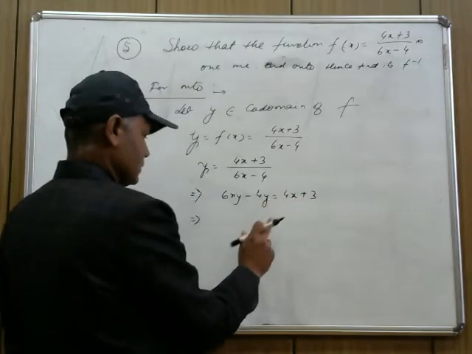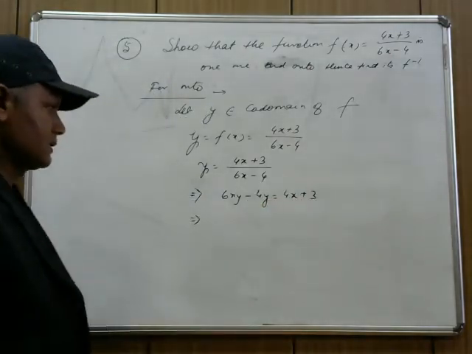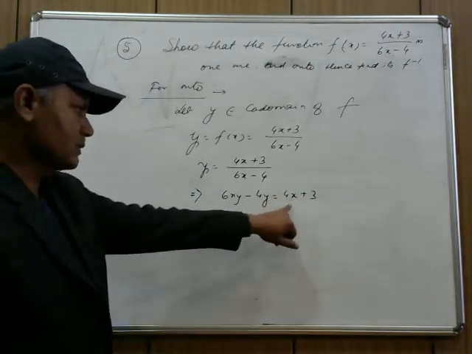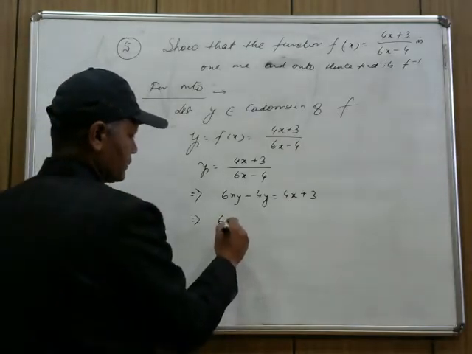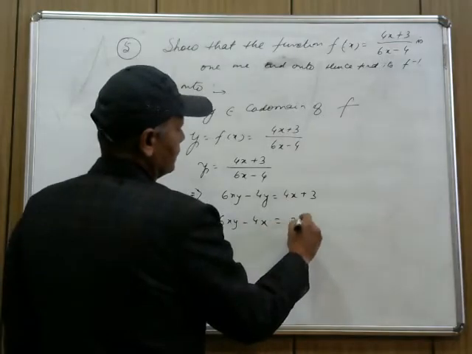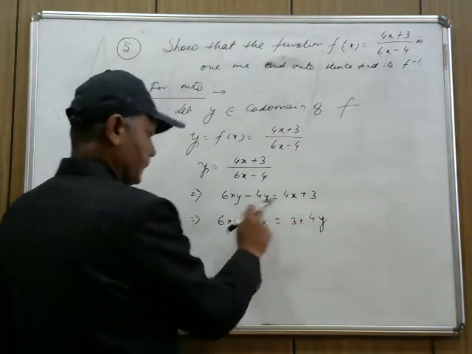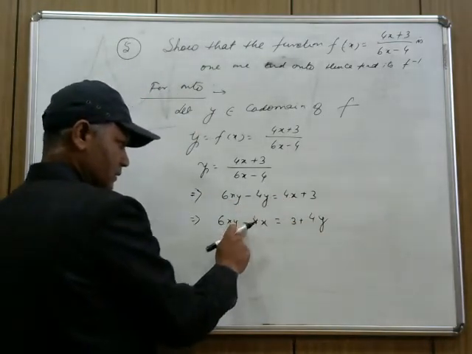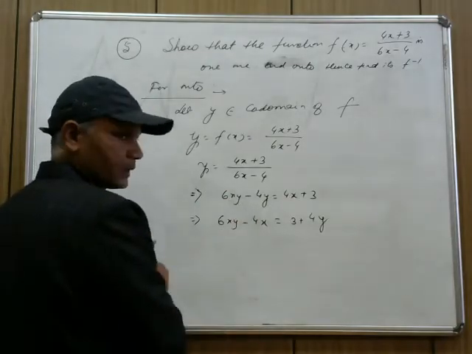What you can do now: I have to eliminate what? x. So now 6xy and 4x are there. So now I can write 6xy - 4x = 3 + 4y. Can I take x common here?